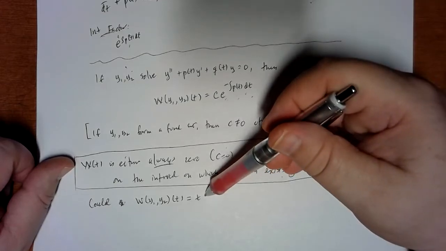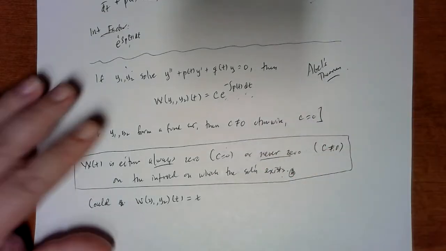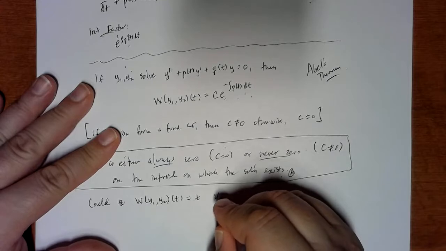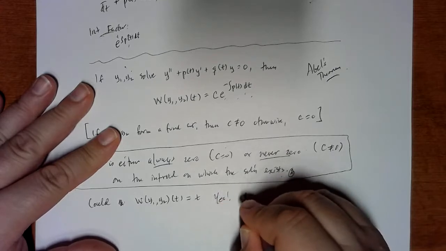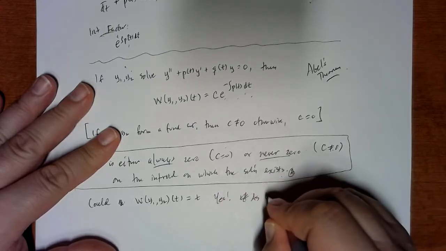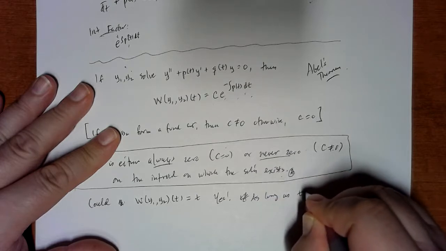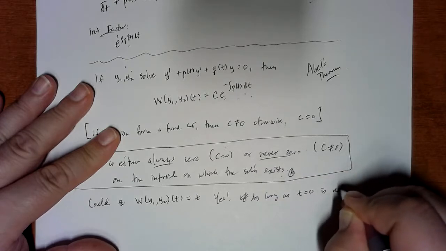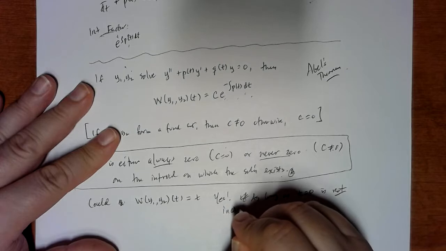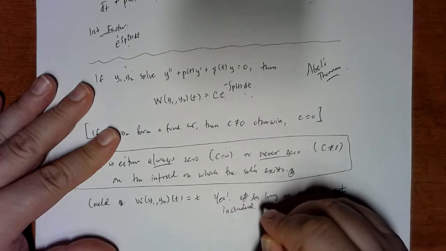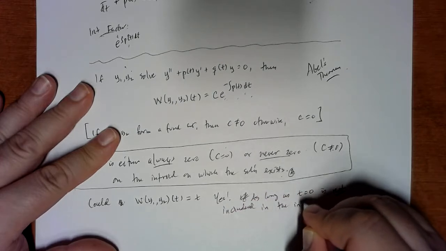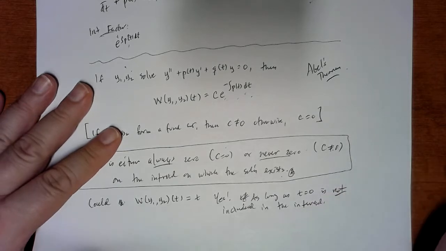So could our Wronskian be t? Yes, it could, as long as t equals 0 is not included in the interval on which the solution exists. Okay.